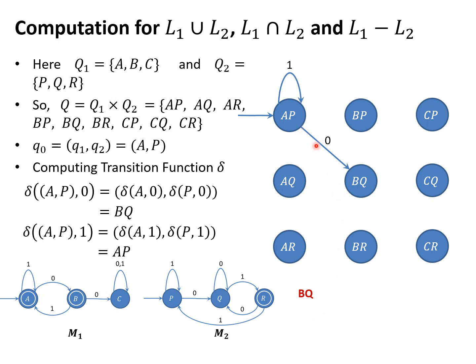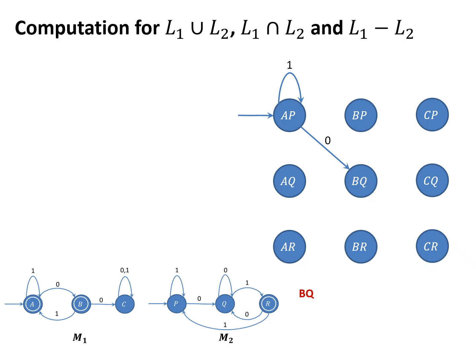Then the next new state is BQ. For this again you have to compute the transitions. BQ on 0, you split it similarly to AP. B comma 0 will go to C, and Q comma 0 will go to Q itself.